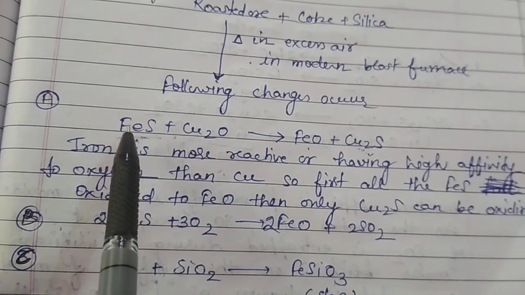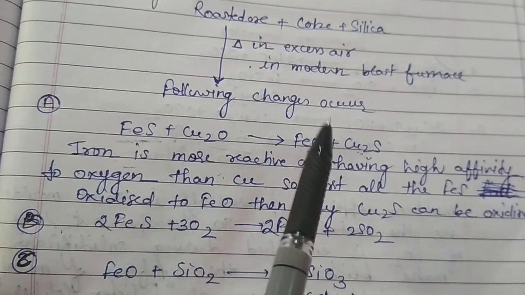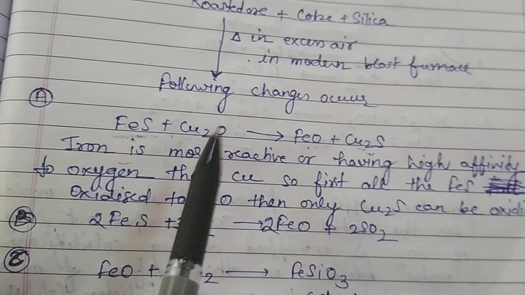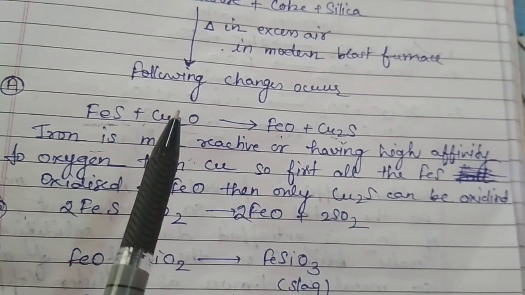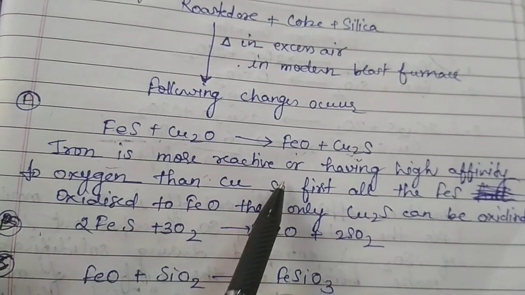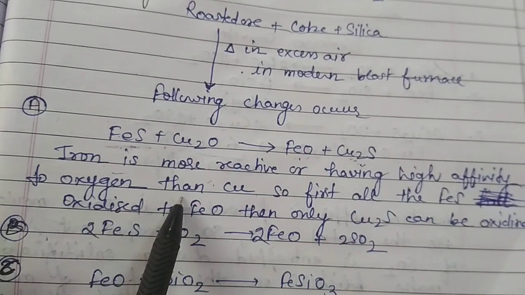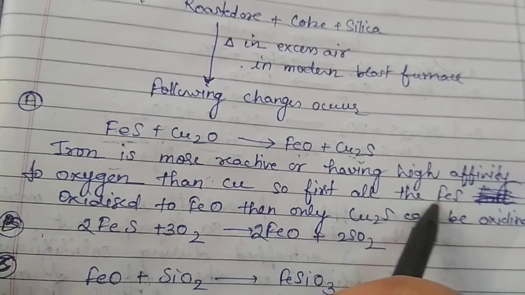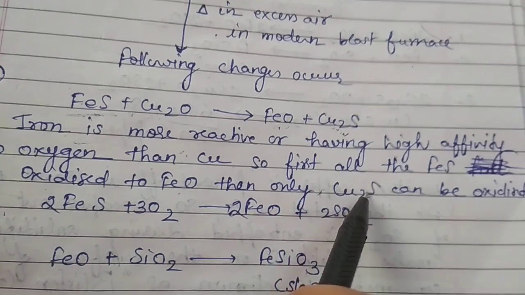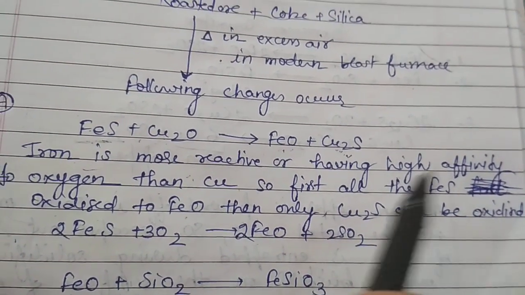Means first iron sulfide would be completely oxidized to iron oxide, and then only we would be able to oxidize copper sulfide. So iron is more reactive or has high affinity to oxygen than copper. So first all the iron sulfide is oxidized to iron oxide, then only copper sulfide can be oxidized.